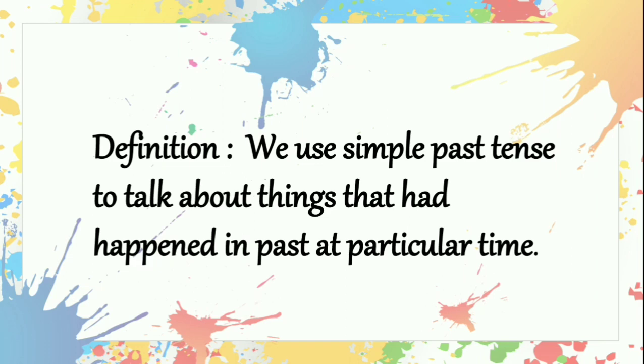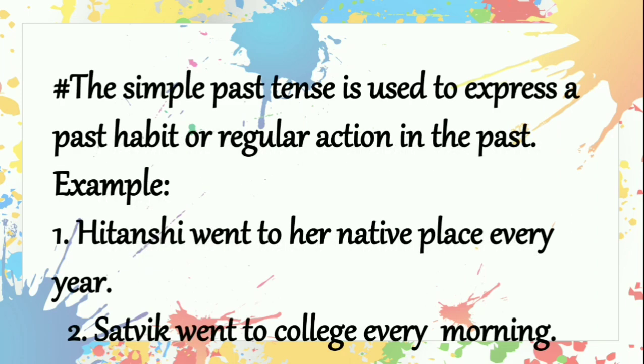We use simple past tense to talk about things that had happened in the past at a particular time. The simple past tense is used to express a past habit or regular action in the past.